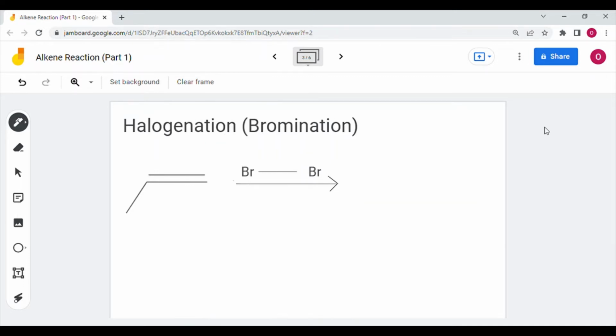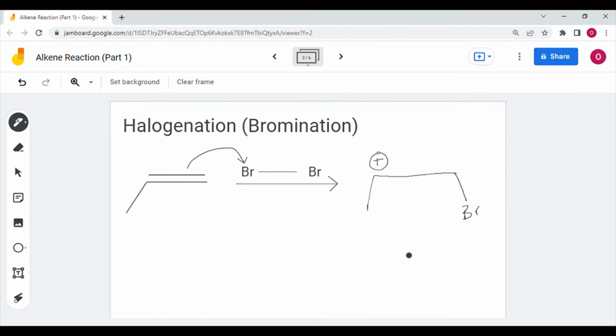So very similar to the previous reaction, the mechanism for this reaction is going to be very similar. So as we know, the first step is for the double bond to attack one of the bromine molecules. So when this happens, we're now going to get an intermediate that looks like this. Very similar to the last problem, the bromine is going to be added on this position so that we can form a positive carbocation on the more stable position, aka the secondary carbon.